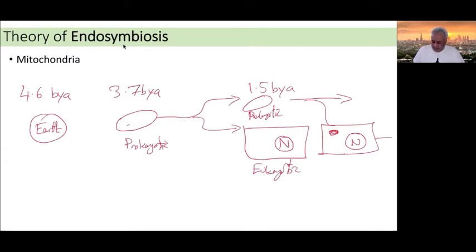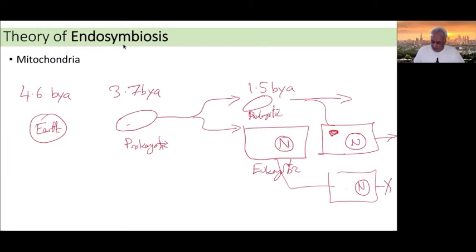As time passed, these cells then evolved, and those that didn't have the internalized prokaryote had a disadvantage, because what the internalized prokaryote allowed the big cell to do was to maximize energy production from food molecules.